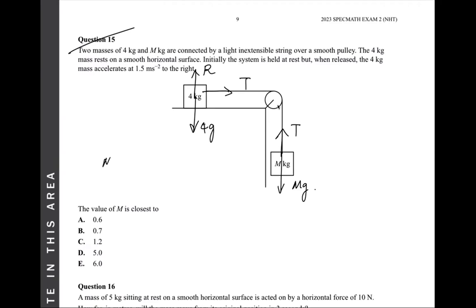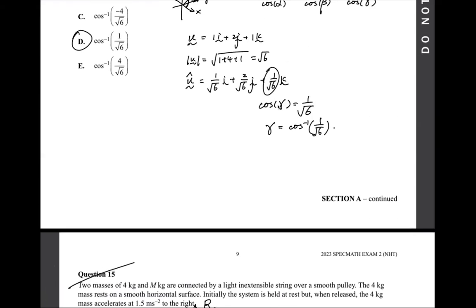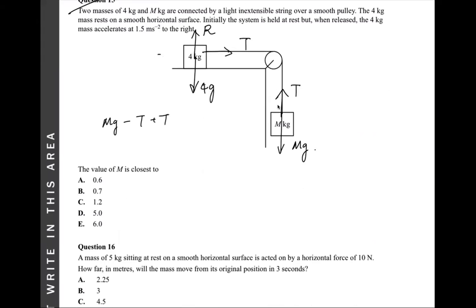So the combined equation is mg minus T plus T minus nothing, because we don't have any frictional force here. So I just write the combined mass m plus 4 times a. a is 1.5. Newton's second law, good old time. Then you can just use your CAS calculator to figure it out. 9.8m equals 1.5m plus 6.